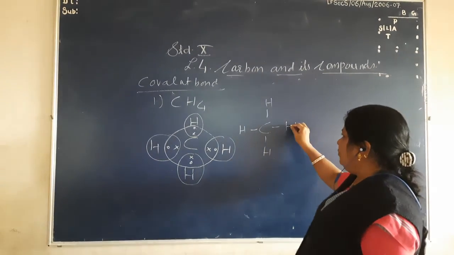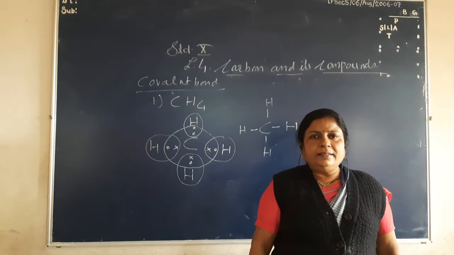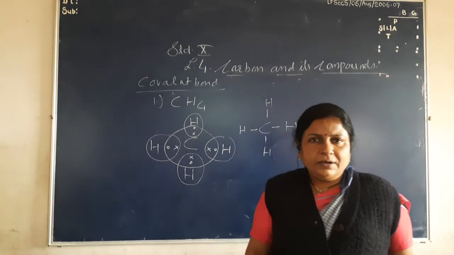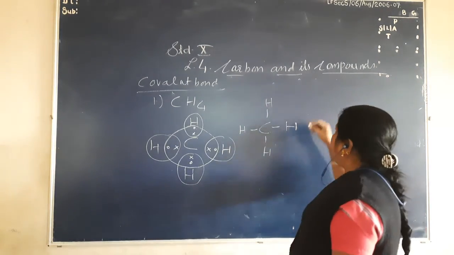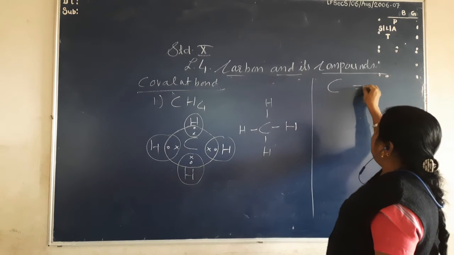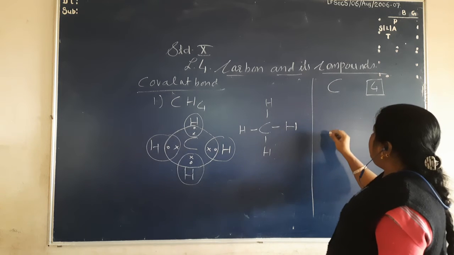This is CH4. Now the question you can ask is, teacher, why is carbon forming covalent bonds? Why not ionic bonds? Carbon has 4 electrons in the outermost orbit.